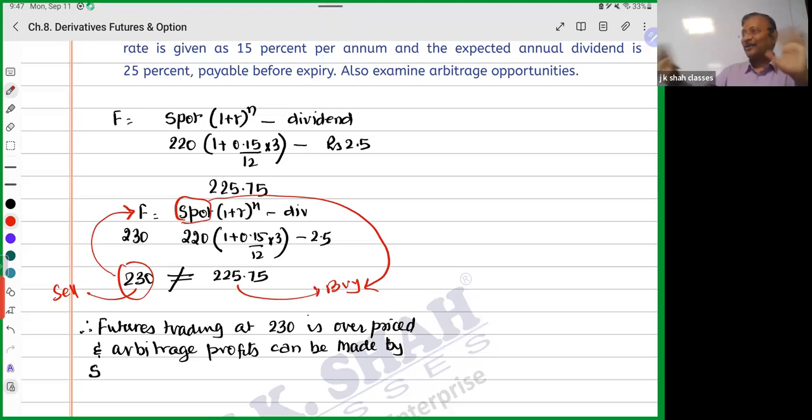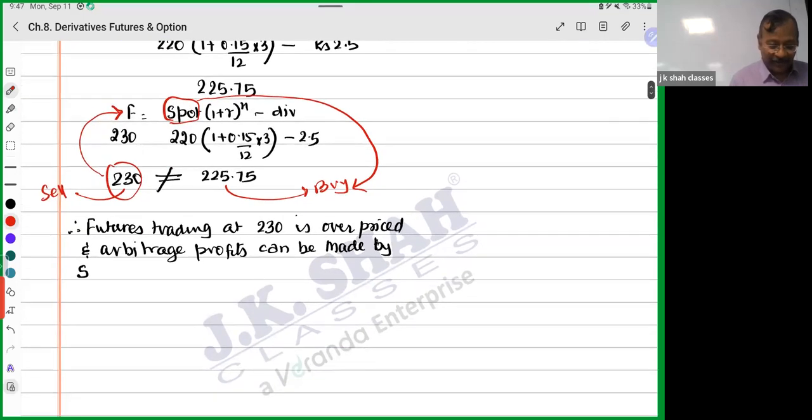You're basically doing that only, no? Buy the cheaper side, sell the expensive side. The expensive side is the future, the cheaper side is the spot. So you are going to buy spot and sell 3-month futures.